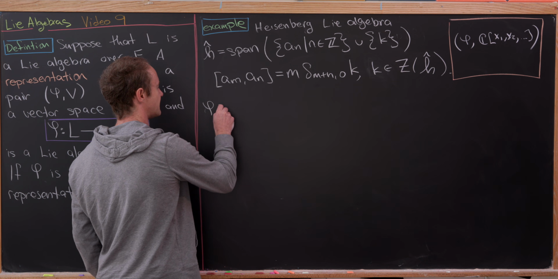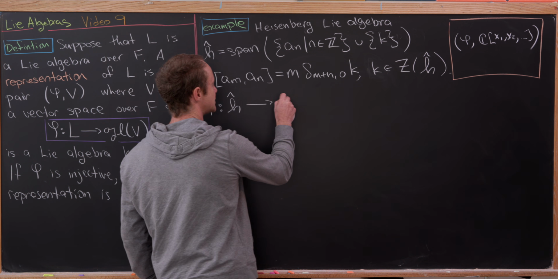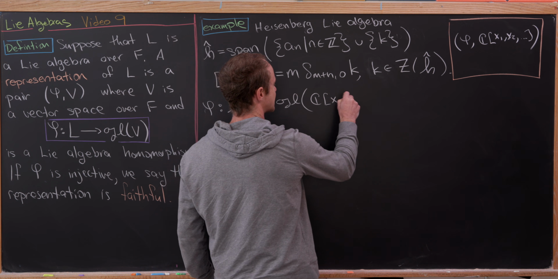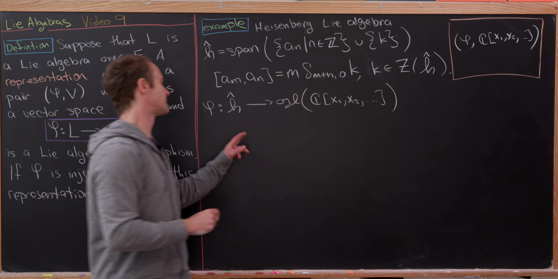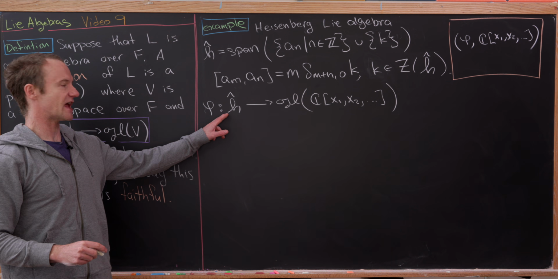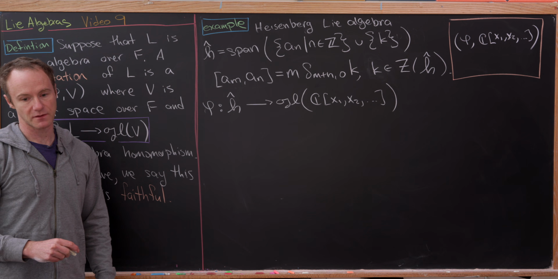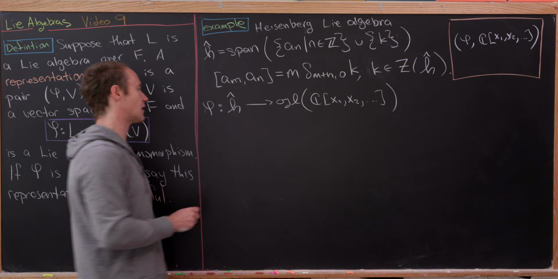Well, let's take phi, it's got to be a map from H hat into GL of C[x1, x2, and so on]. In other words, it needs to take an element of H hat and assign it to a linear transformation on the space of polynomials.